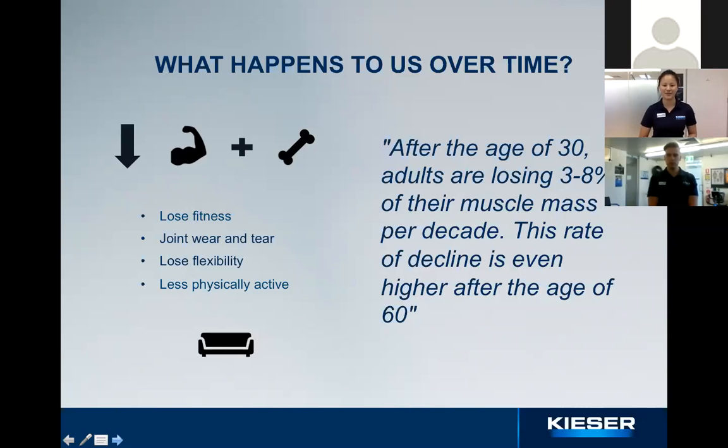So what this statement here depicts is after the age of 30 years old, adults start to lose about 3 to 8% of their muscle mass per decade. As we reach 60 and above, unfortunately that decline is a lot faster. So the good news is we can slow this process down through the use of exercise and doing the most optimal program as well. But that's generally speaking what will happen with everyone over time.